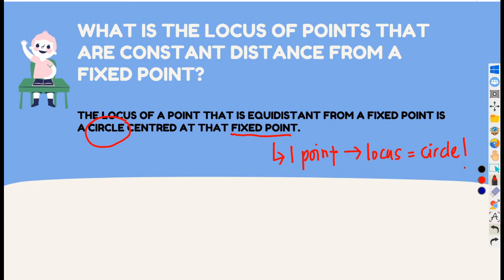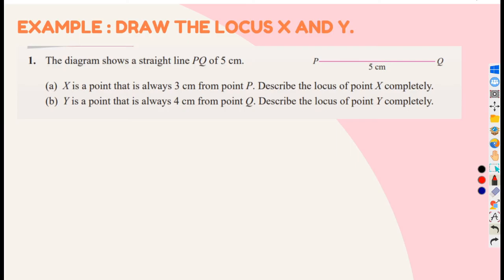Now I show you an example. Draw the locus X. The diagram shows a straight line PQ of 5 cm.